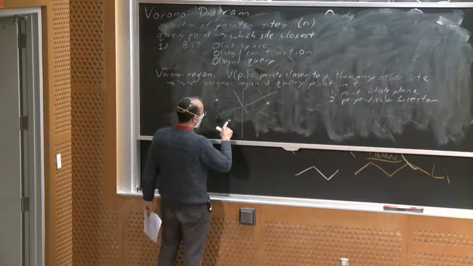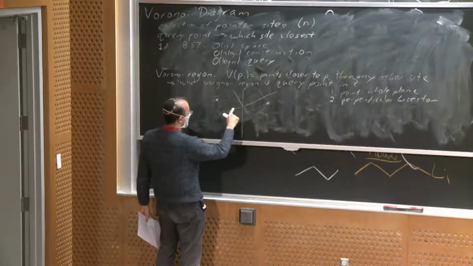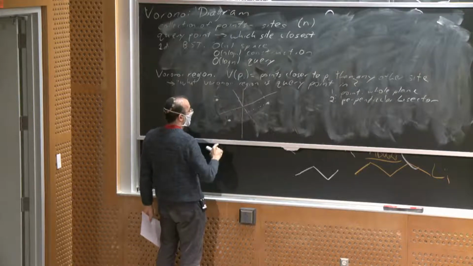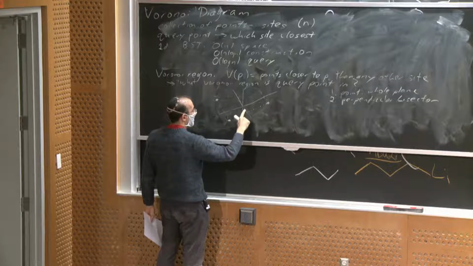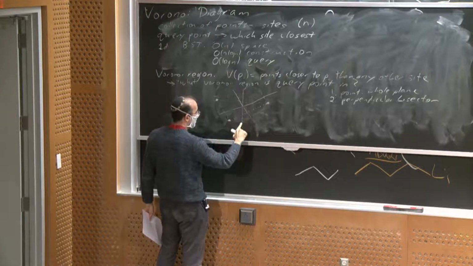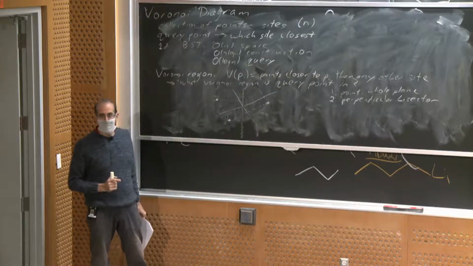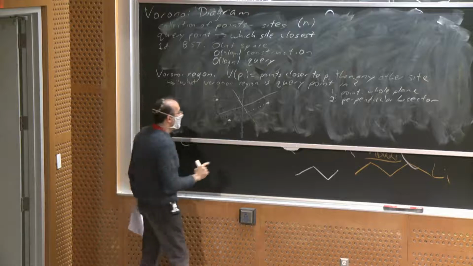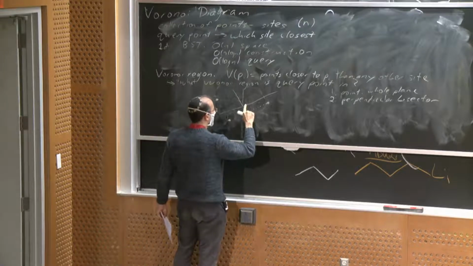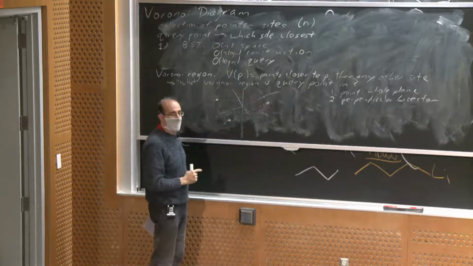So, for example, this point wins against this point on this side of this perpendicular bisector, and it wins against this point on this side of this perpendicular bisector, which means that in fact this divider is irrelevant in the Voronoi diagram. In a similar vein, this division is irrelevant in the Voronoi diagram.